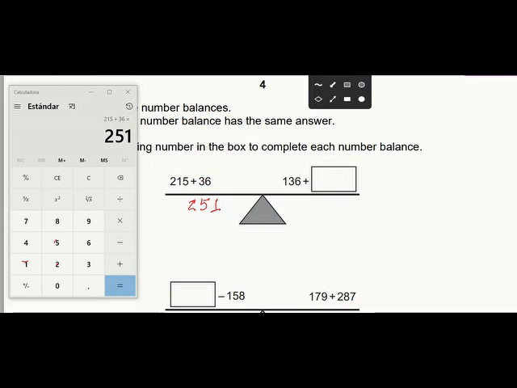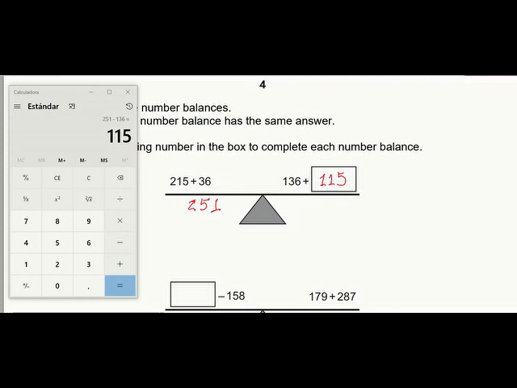Because I have the calculator, I don't want to go saying it might be this or that and start speculating. What I'm going to do is say 251, which I already have in the calculator, minus 136. And it's going to tell me it is 115, which is what I am going to write here on the box as the answer.